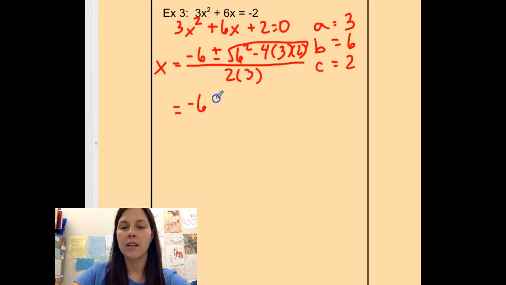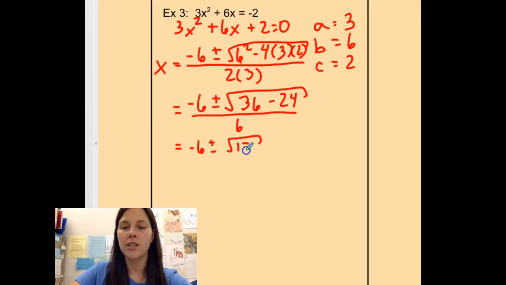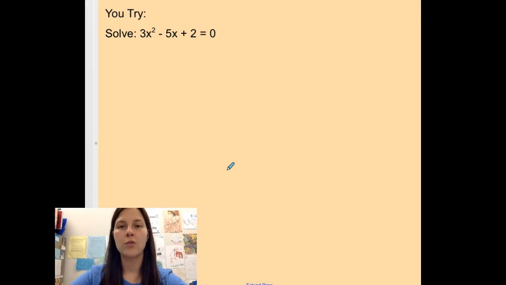Simplifying what's under the radical, 6 squared is 36, 4 times 3 is 12, times 2 is 24, all over 2 times 3 is 6. Subtracting that 36 and 24, we get 12. And you have one U-Try question today.